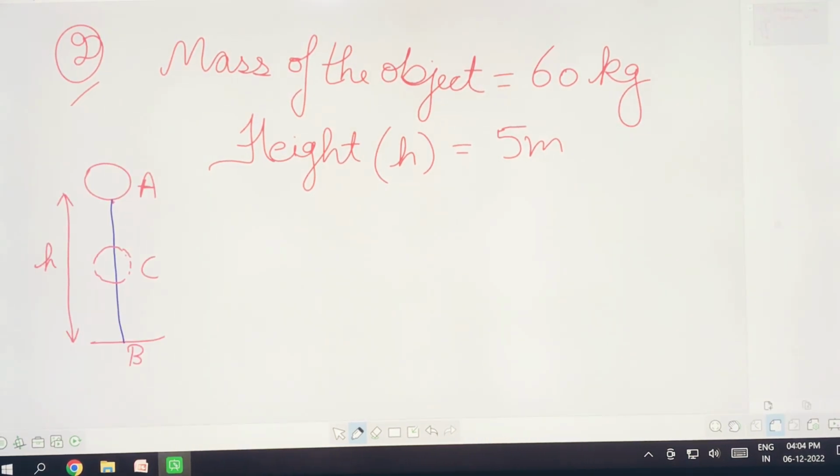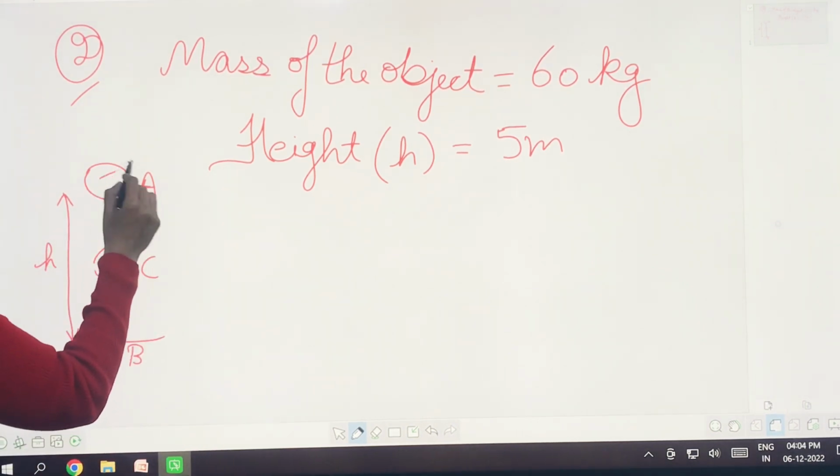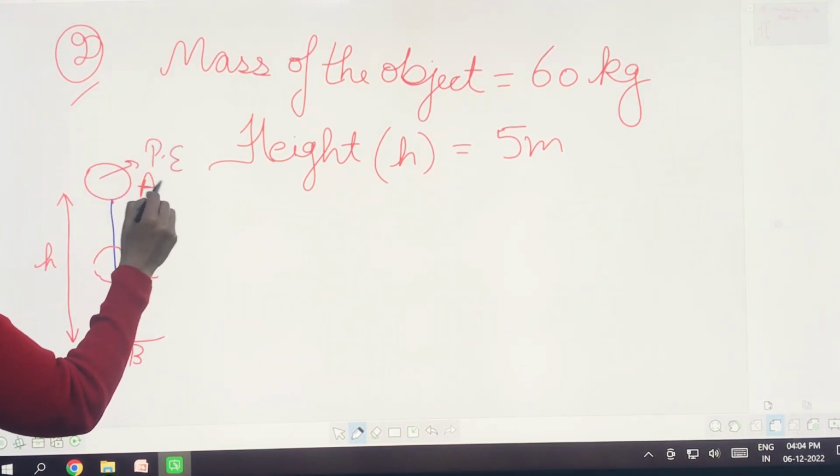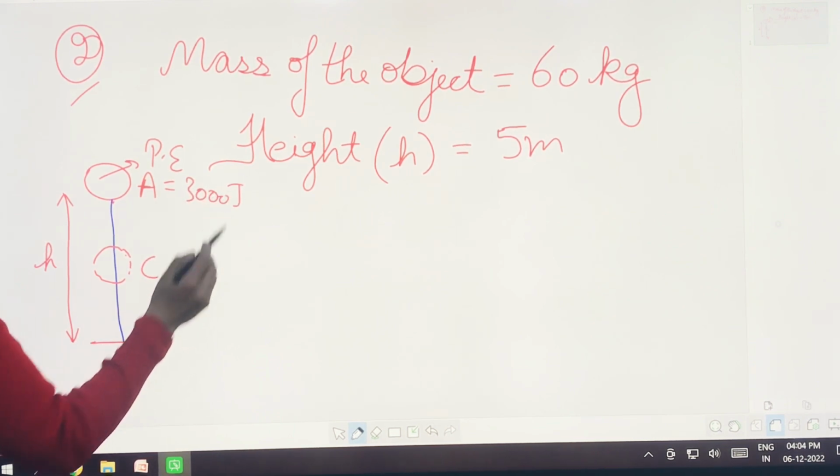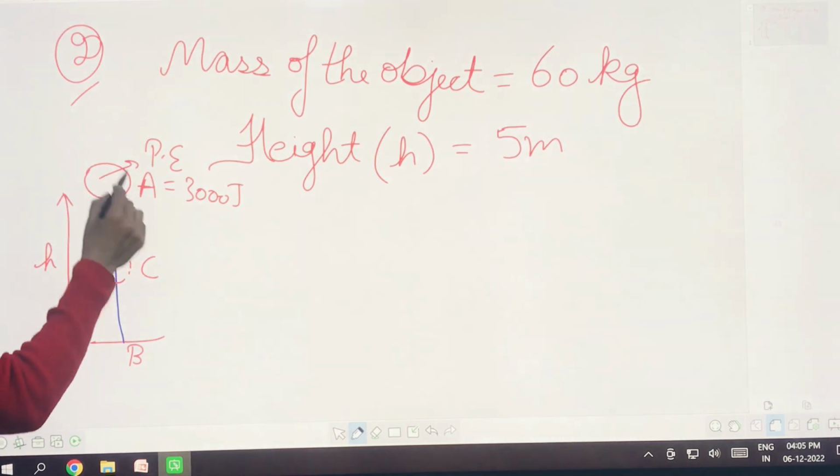Now let us find out the kinetic energy. The object is raised from point B to point A, and we have already calculated the potential energy at this point, which was 3000 joules. We need to calculate the kinetic energy at halfway down.